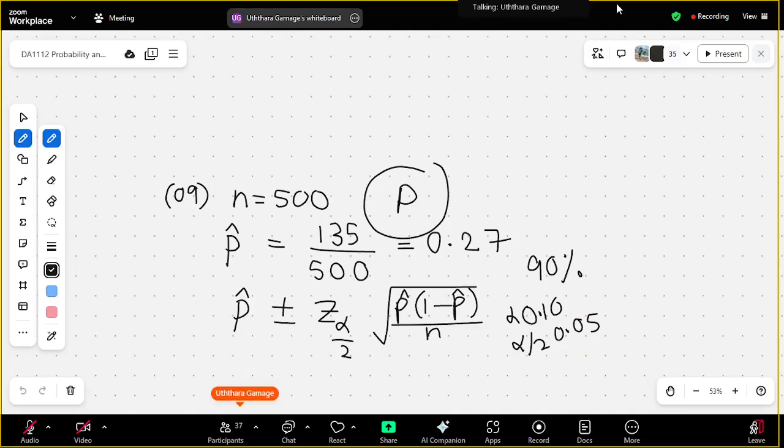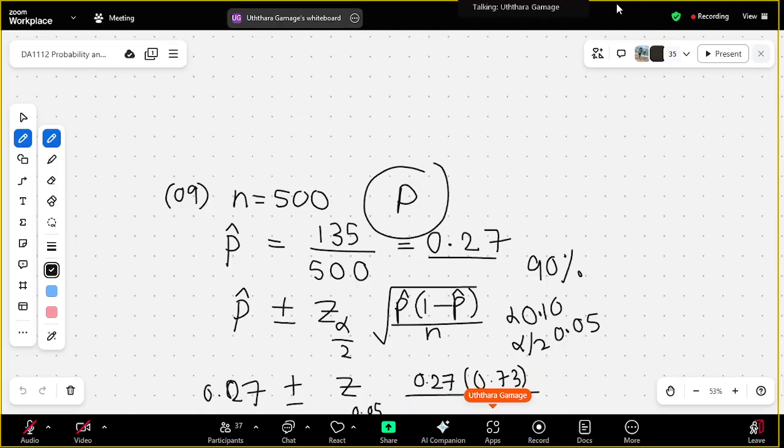So P hat is 0.27 that we have just found out, right? That's a sample proportion. And Z of 0.05. P is 0.27. 1 minus 0.27 is 0.73, right?